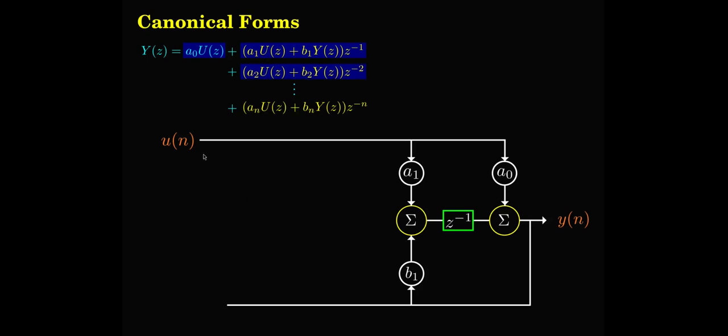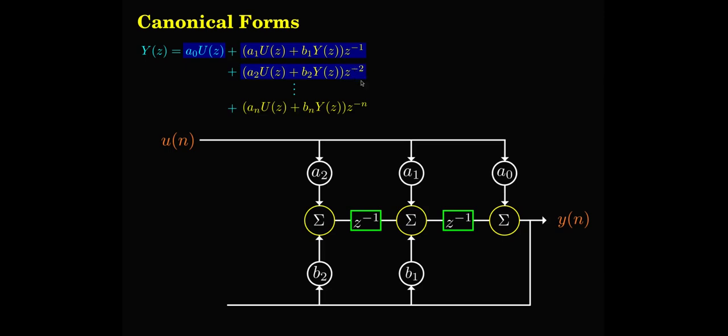Then I will take this term, A2 uz, B2 yz. Both I will add, and I will put one more delay. So you will see that A2 uz, B2 yz adds up, passes through z to the power of -1, passes through another z to the power of -1, then to the output, z to the power of -2.